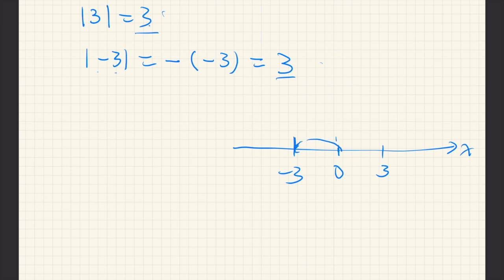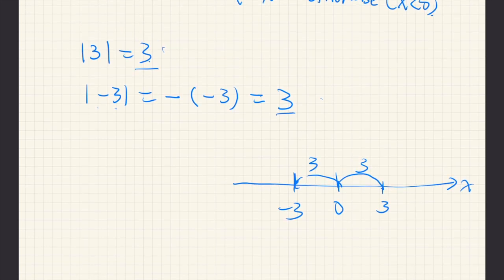So this length is 3, right? This length is 3 in this case. So we just ignore the sign, the direction on this number line, and just measure the distance. And that is what the absolute value represents.